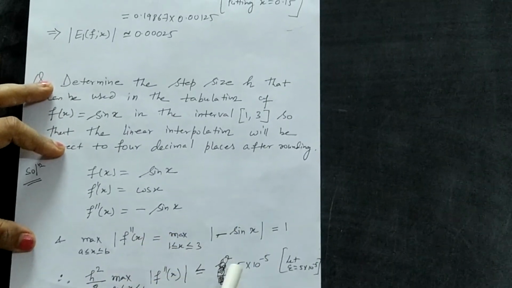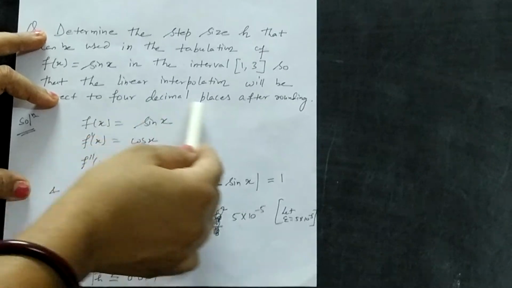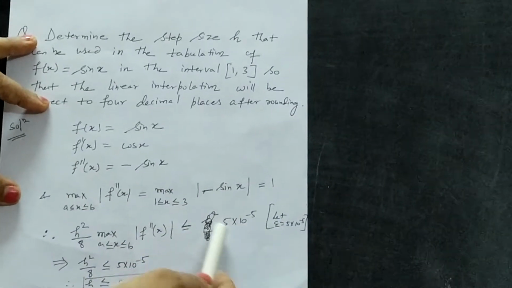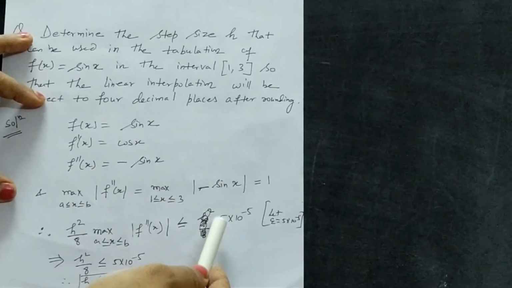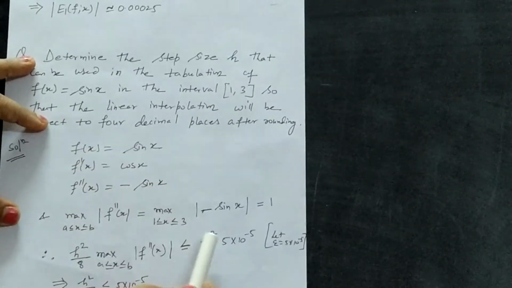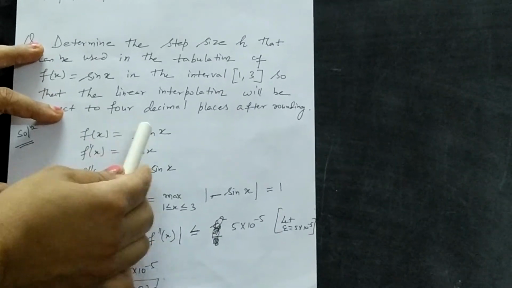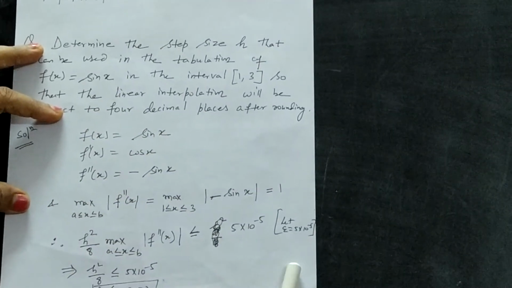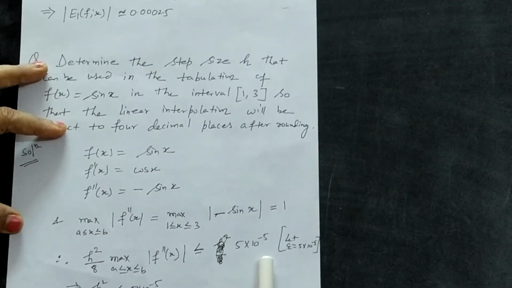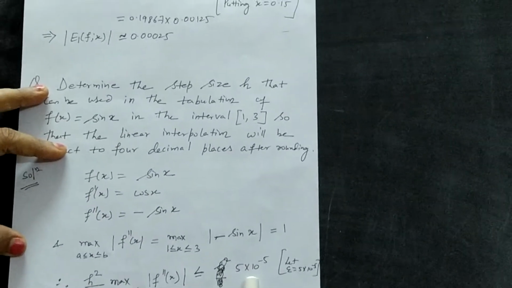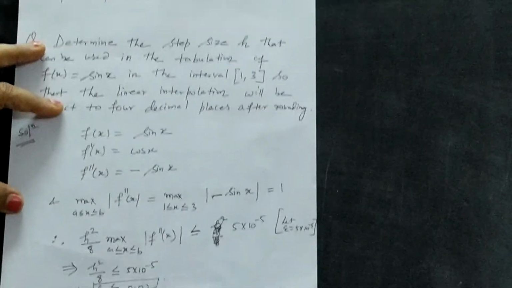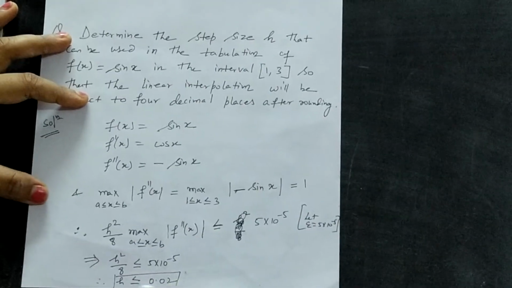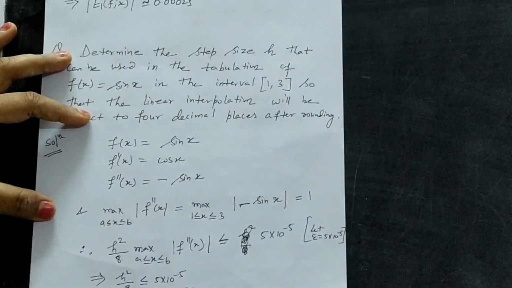Here we have been asked for up to 4 decimal places. So epsilon can be any value such that it matches up to 4 decimal places. Here this value we have taken. After simplifying this, h can be less or equal to 0.02. So this value of step size would be 0.02.